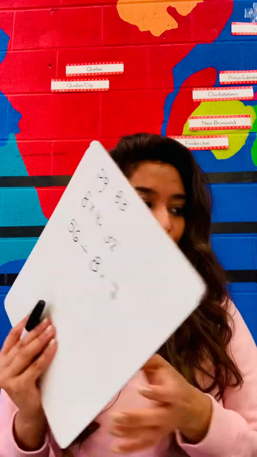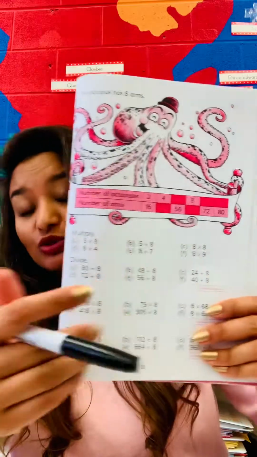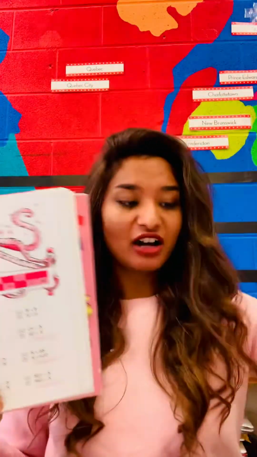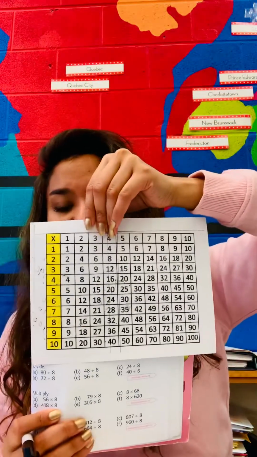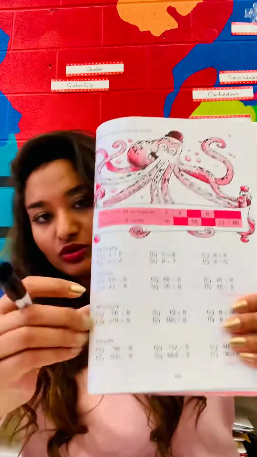That's how you would do your task 2, which is this one. You would just look at the multiples of the 8 times table, and you will do task 2.